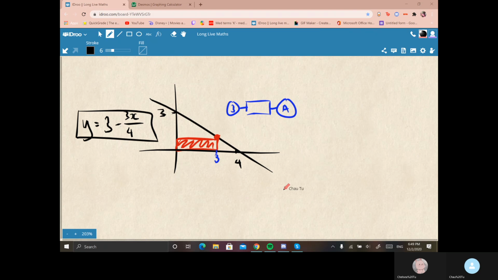3/4. Yeah, you've got to show your working there. How did you get that? I put 3 into the x, like this. And then I solved it. Okay, so the numerator will become 9 over 4 minus 3.